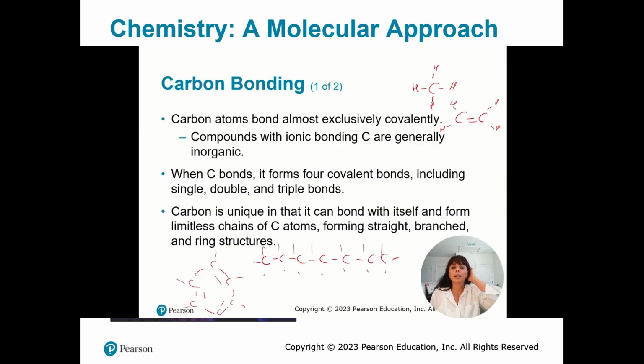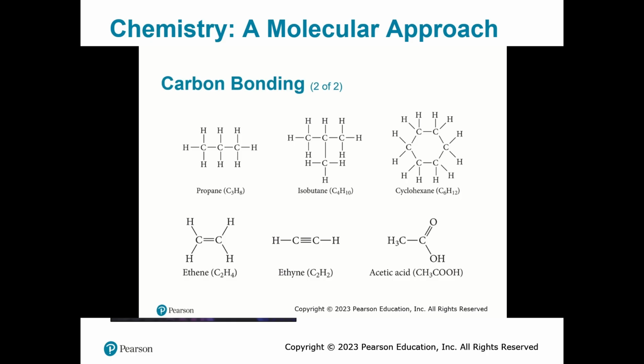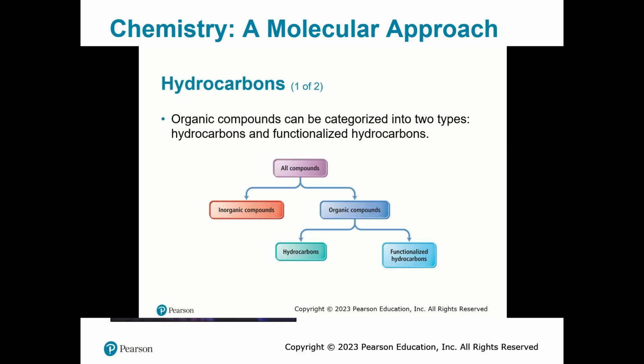So this is how carbon works. Here we have other examples like propane, isobutane, cyclohexane, ethane, ethyne, acetic acid. All those are organic compounds. And hydrocarbons are one of the most important in my field, like petroleum, fossil fuels, and also in medications.